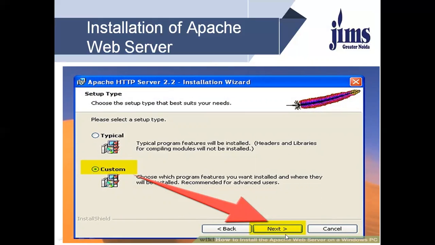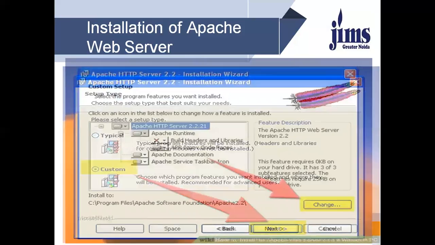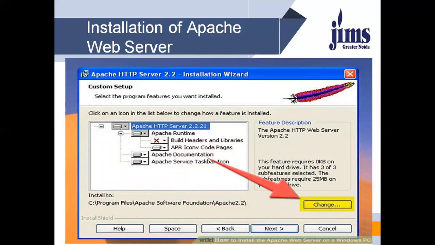After clicking on the next button, this dialog box will appear. Here you have to click on this Apache HTTP server 2.2.21.